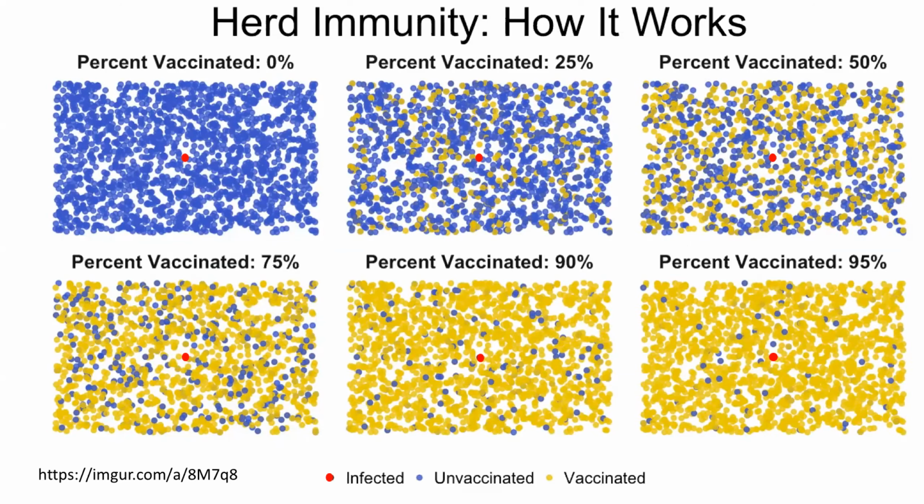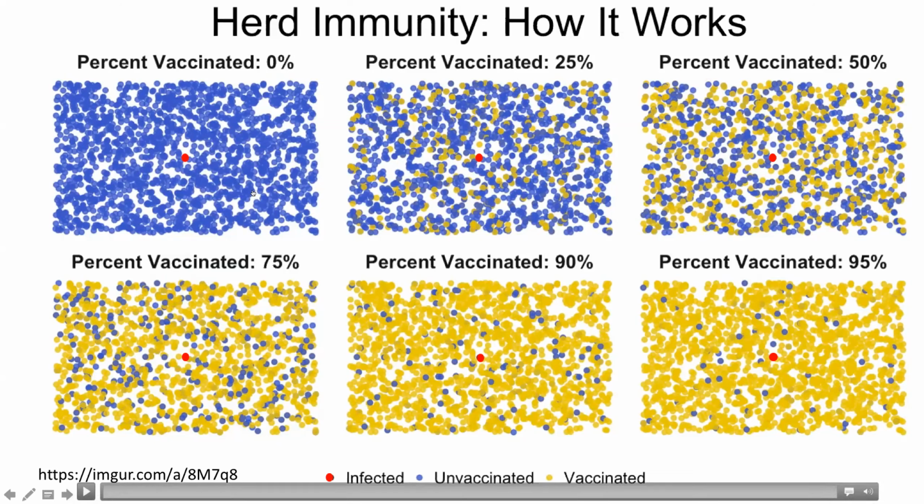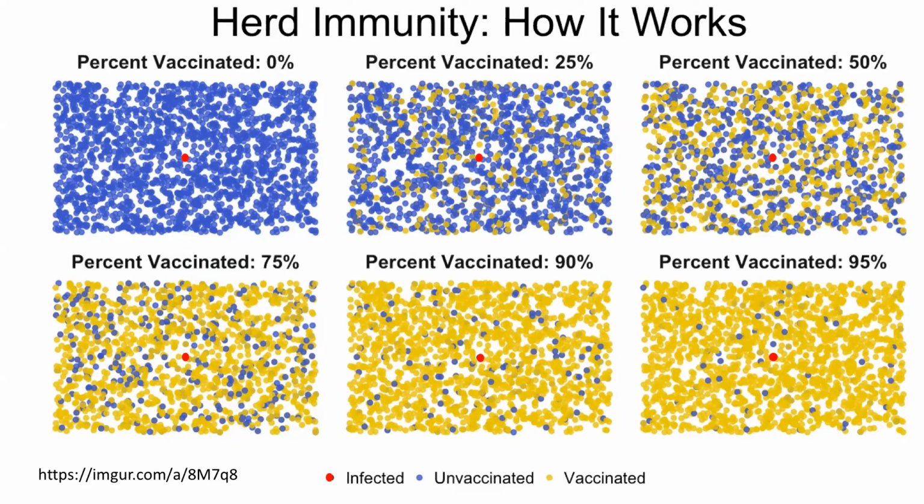We've heard it a lot, H-E-A-R-D, but how does it actually work? These different pop squares are supposed to represent different populations of people. The blue circles are people who are unvaccinated or have no immunity against the virus. The yellow have immunity in this example because they've been vaccinated.